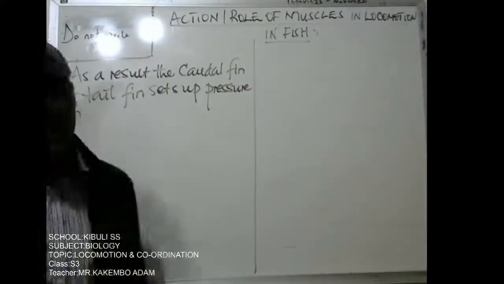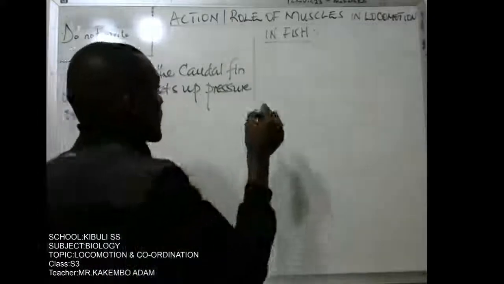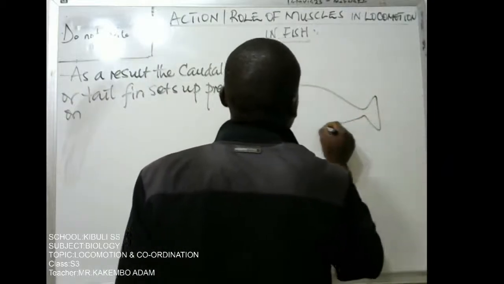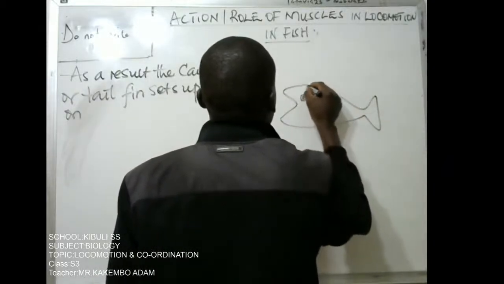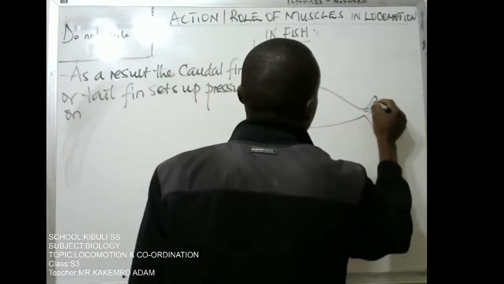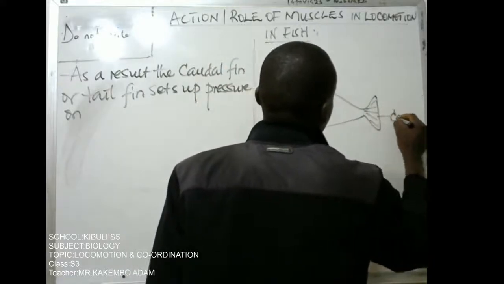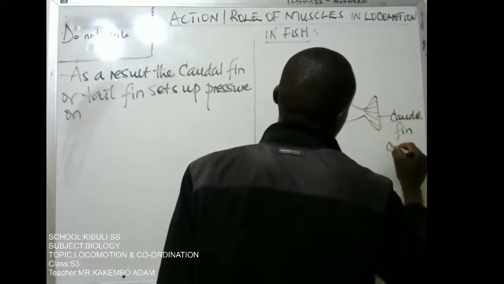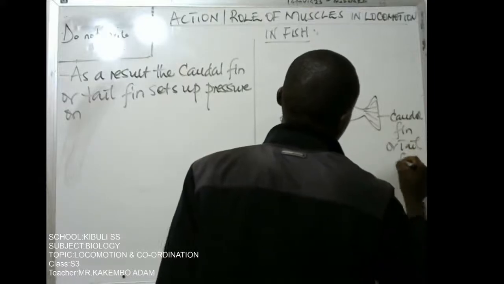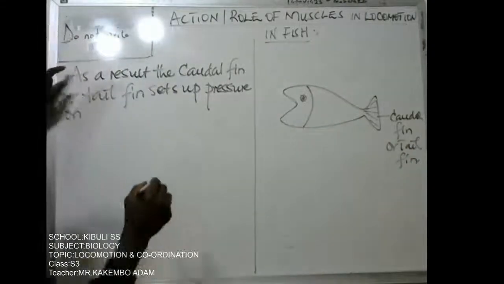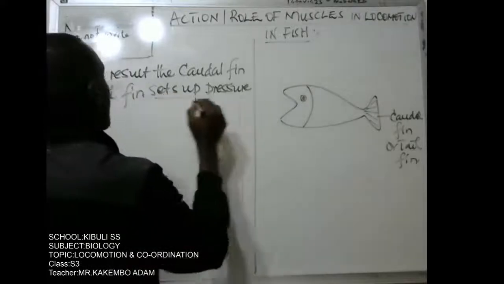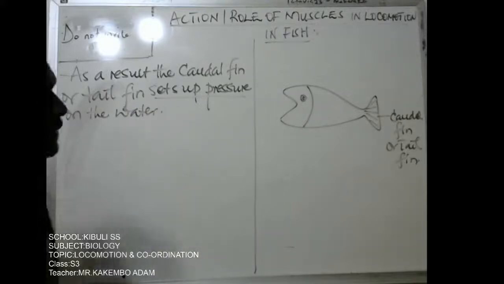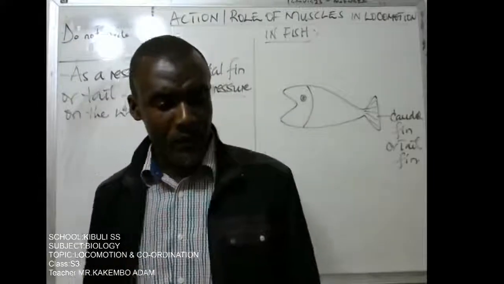Remember, the caudal fin, the tail fin, is the last fin at the back of the body. So if this is the fish structure, the caudal fin or tail fin is this part here. We are saying it sets up pressure on the water.